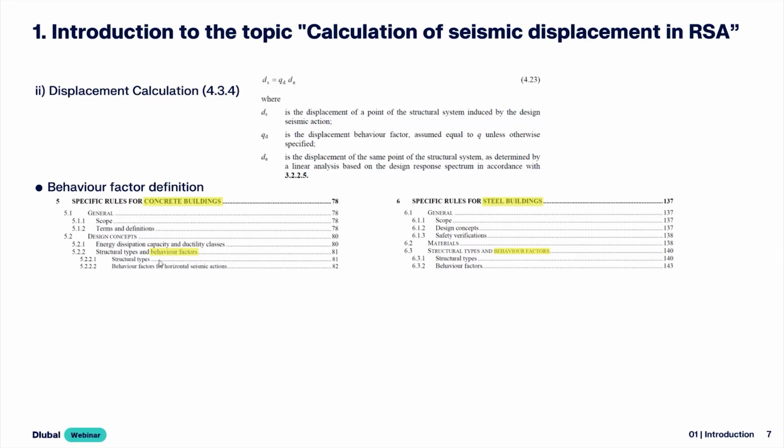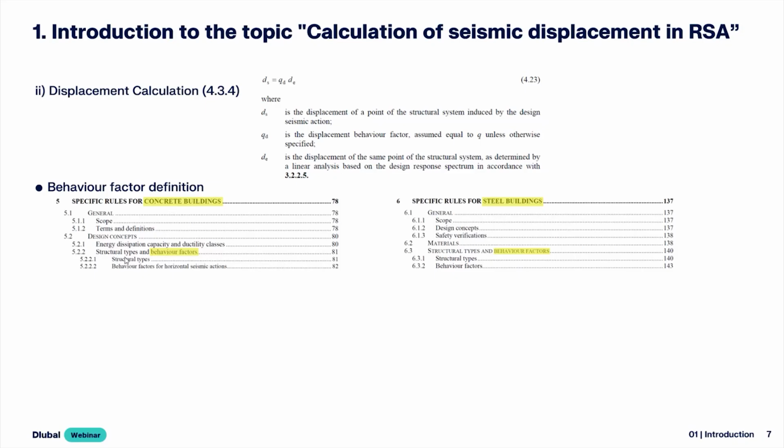We see that the behavior factor is provided inside these chapters, and it's also introduced with the concept of structural types and behavior factors. So we'll see a dependency on the material, but also on the structural type.